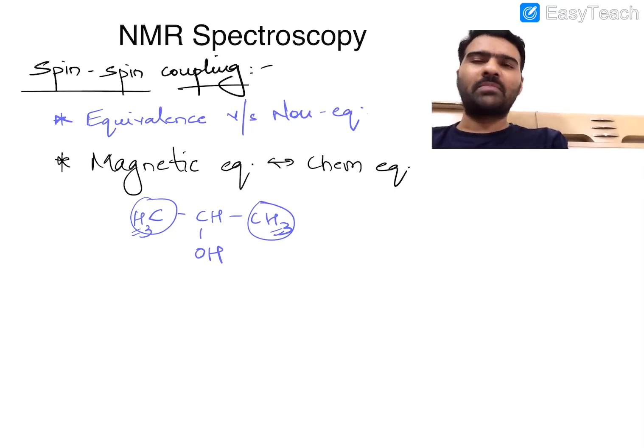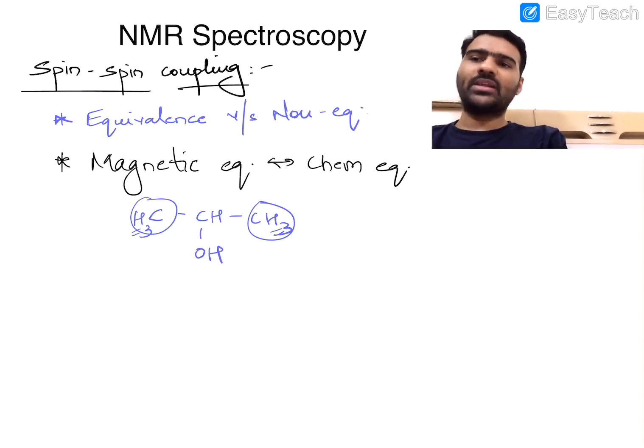Otherwise, you would see some minor spectral anisochrony between the two nuclei. So magnetic equivalence is a much more rigorous criteria that needs to be fulfilled for nuclei to be called magnetically equivalent, whereas for chemical equivalence, the criteria is a little more relaxed.